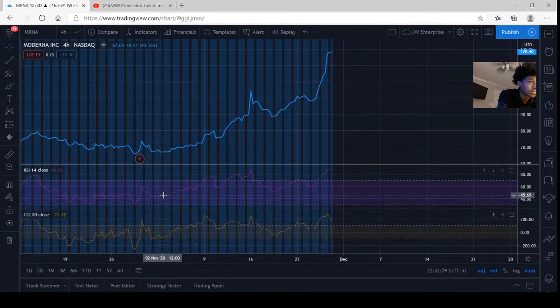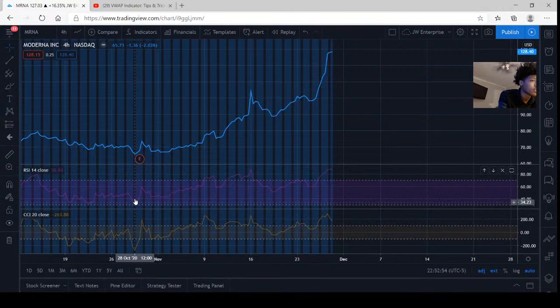So basically, right here, I'll show y'all. Right here at my share price, you can't tell on the RSI that it's oversold because it's not below my dotted line. So what I do is I always check my CCI to see if my CCI is oversold.